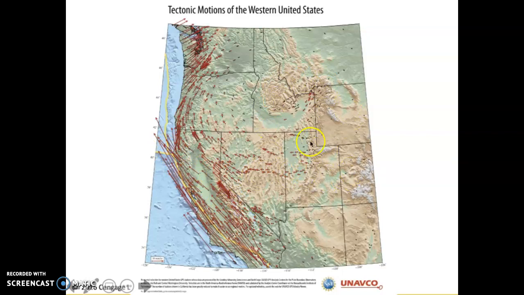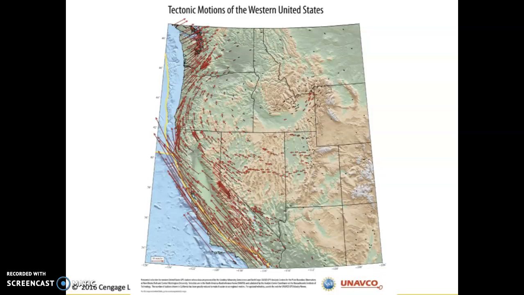When we get to the interior part of the continent, we can see that the actual motion is more straight toward the west. And then you can see that this tugging, because of the connection to the Pacific plate, is causing a little bit of a rotation there.